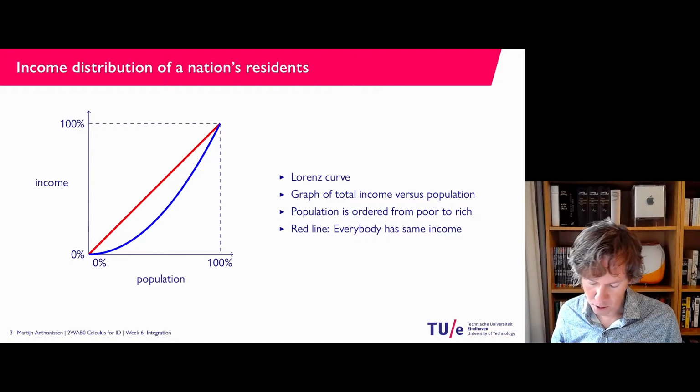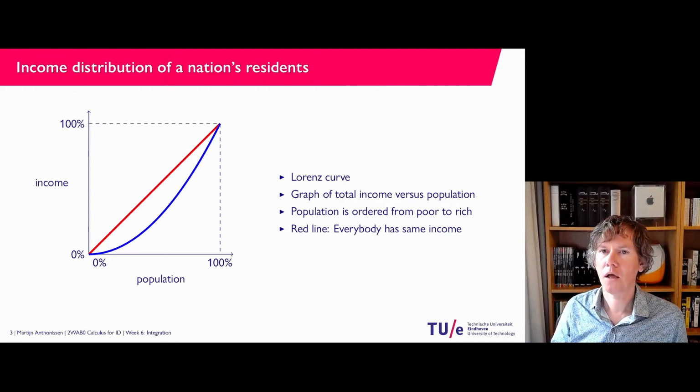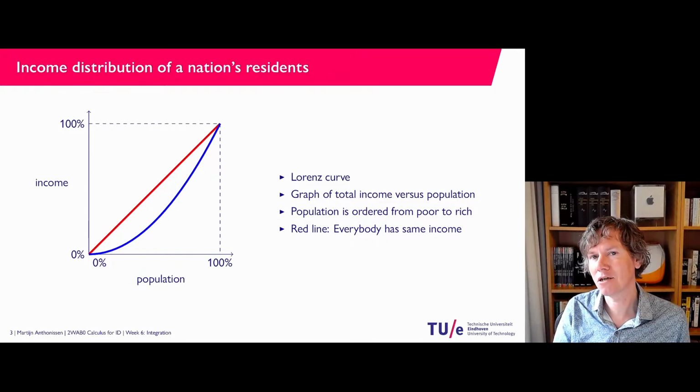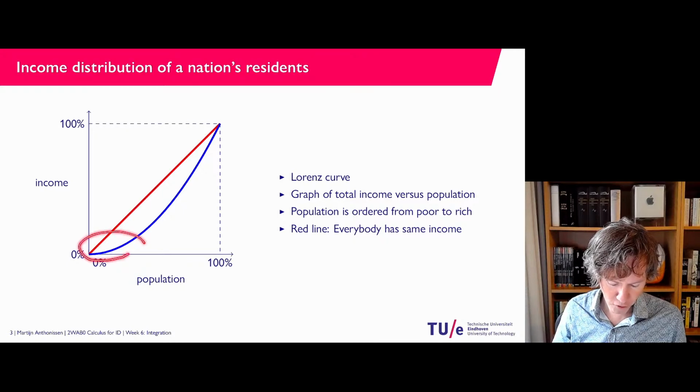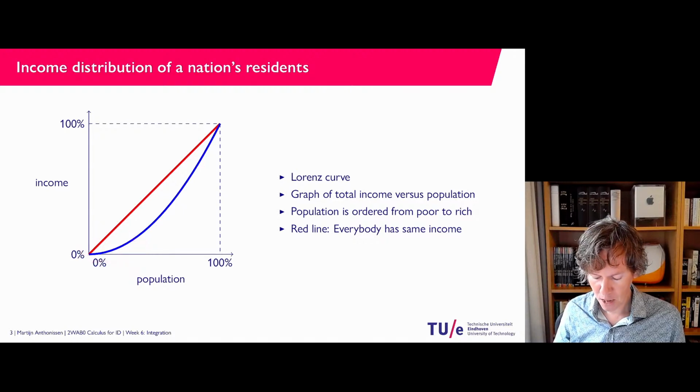Okay? Now, in reality, this is not true. There are people who have a much higher income than other people have. And what's going to happen then is that you get something like this blue graph, where poor people have a below average income and rich people have a much higher income.